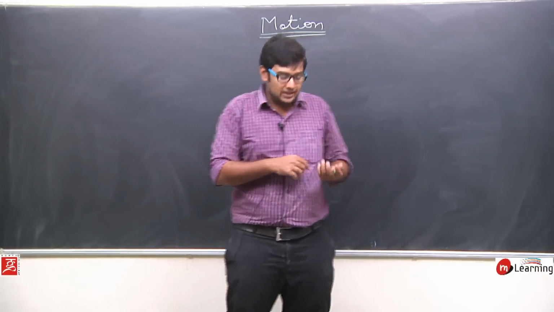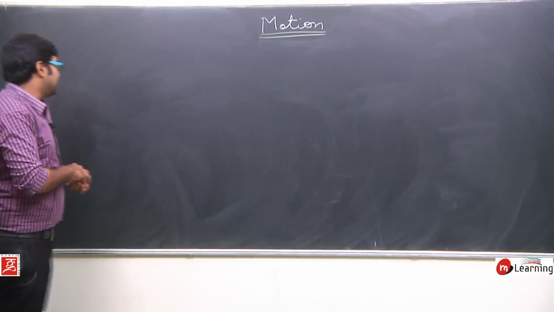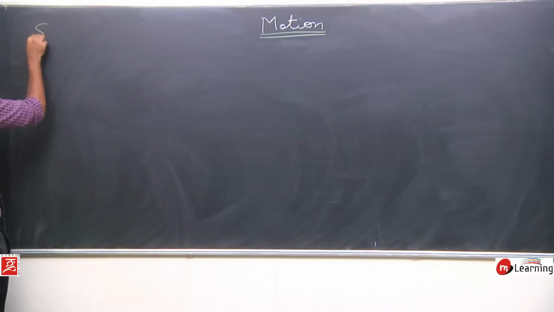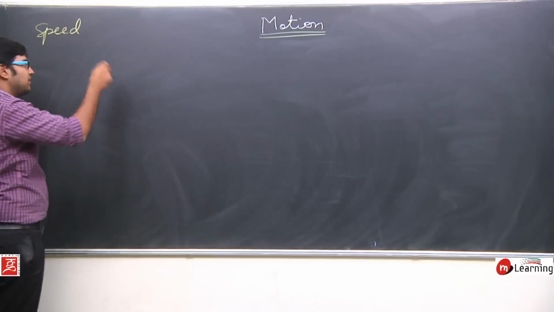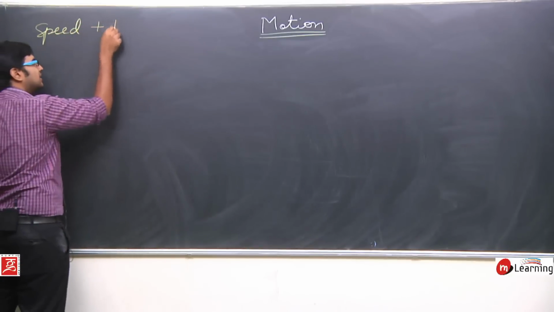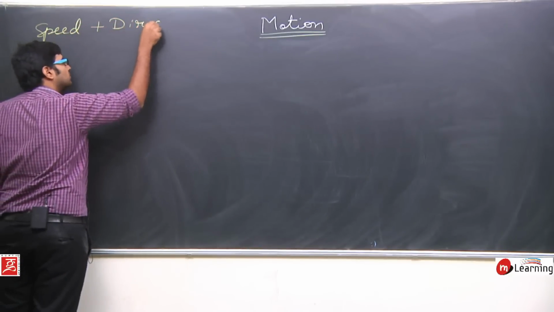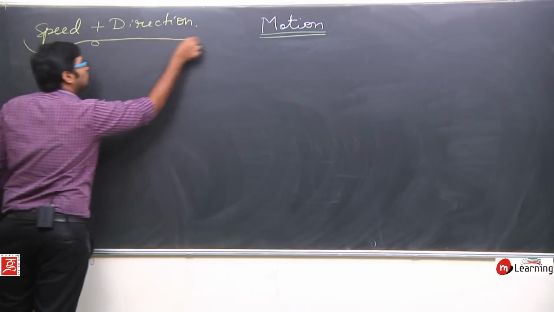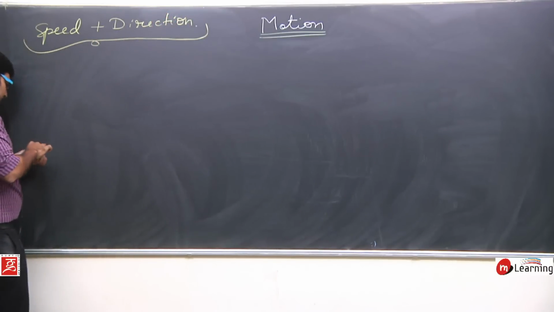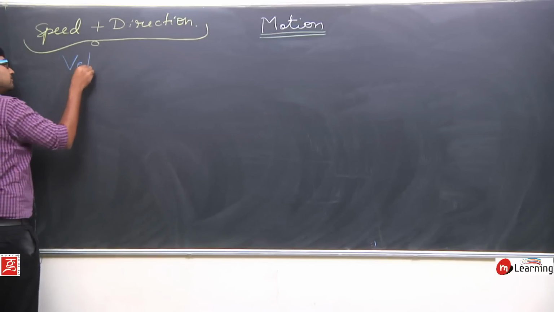So when this incompleteness of speed, that is the direction, is added to the speed, we name this complete quantity as velocity.